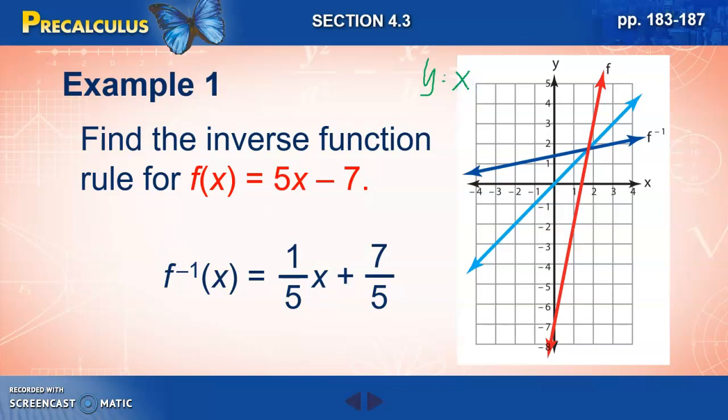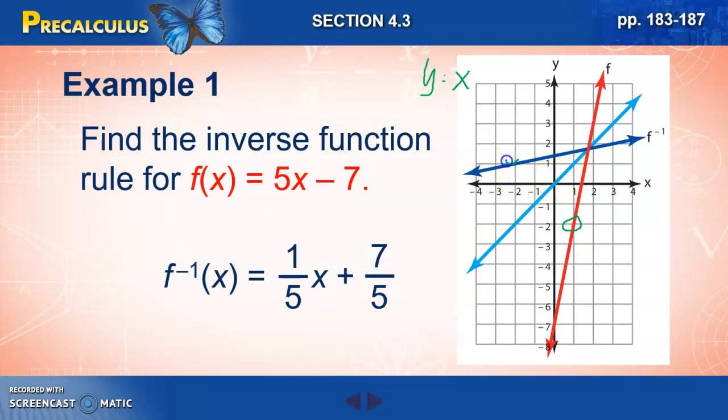And that line is going to be our point of reflection for inverses. Our original functions will be reflected over that identity line when we graph this. So here's what I mean. In our original function, we had a coordinate right here at 1, -2. If we flip those, we should have a coordinate now at -2, 1.